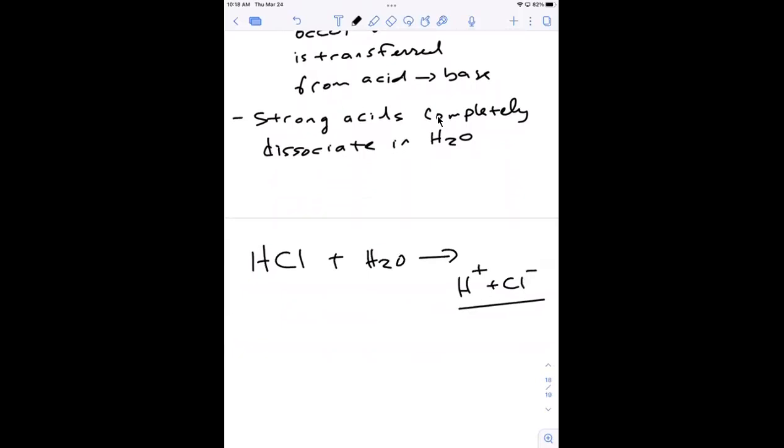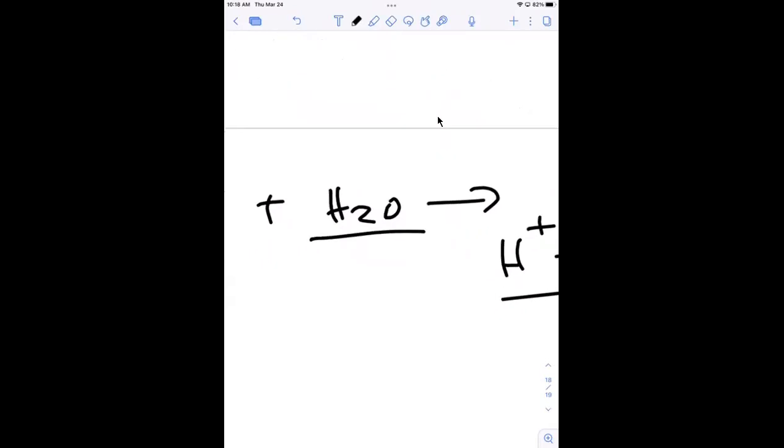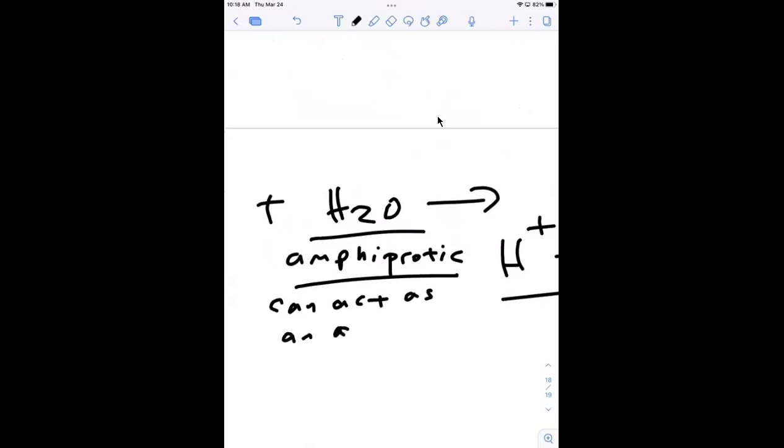But in this case, water is what we call amphiprotic. So it can be an acid or a base. So water can be an acid or a base.